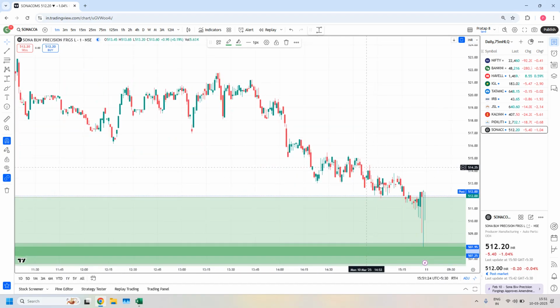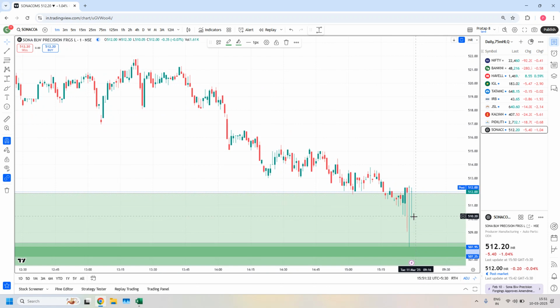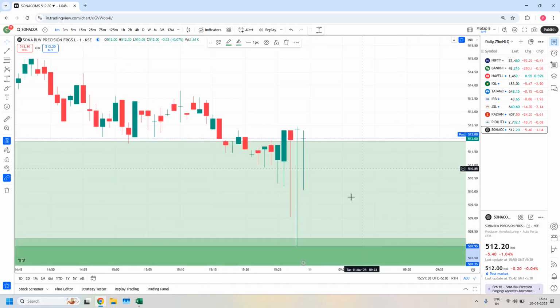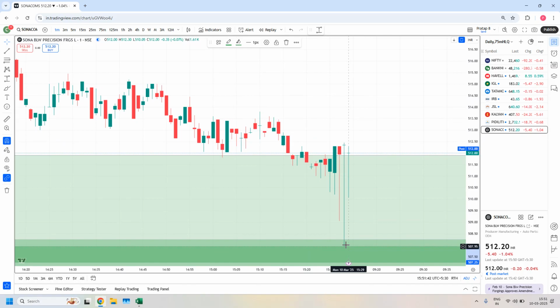So that is the reason why today I started recording at 3 o'clock, because until 3 o'clock I watched the charts, so that I don't want to consider any trades after 3 o'clock. But see, during our analysis itself, it went to our fine-tuned area and sharply moved.